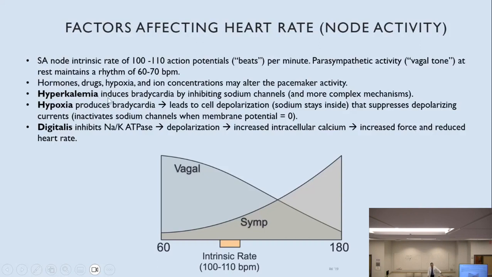But then we have also hyperkalemia. Okay, hyperkalemia effect on the heart has a very complicated effect. It's a question that I've seen several times in question banks, no? What is the effect of hyperkalemia on the heart? And just remember that the rate of diffusion will depend on the concentration gradient. So let's say that potassium, if you open the potassium channels, it will leave at certain speed. But one of the determinants of that is, of course, the number of channels, but also the difference in concentration.